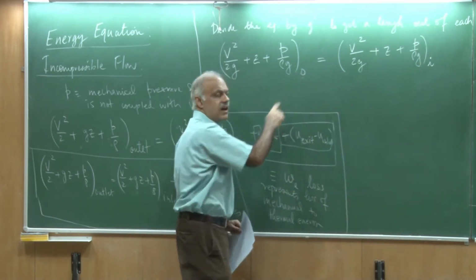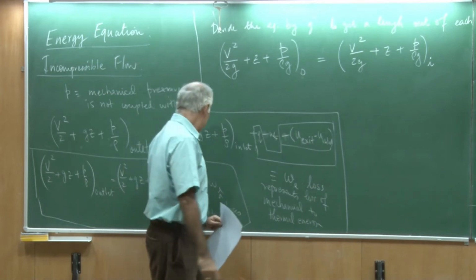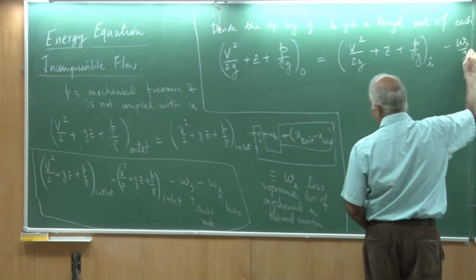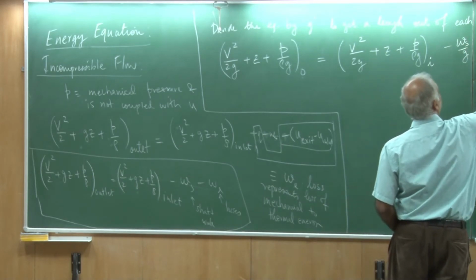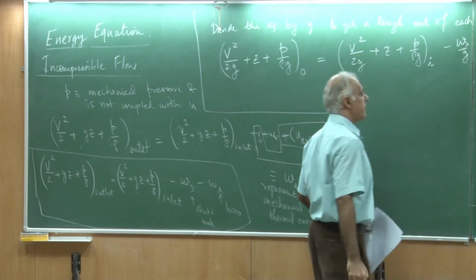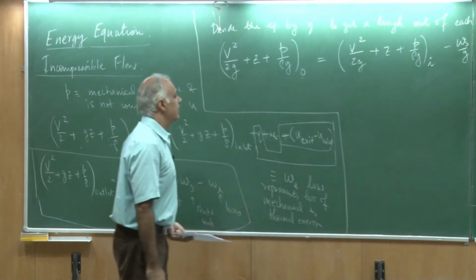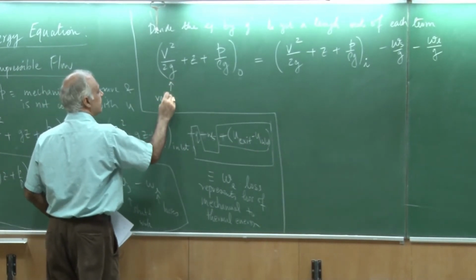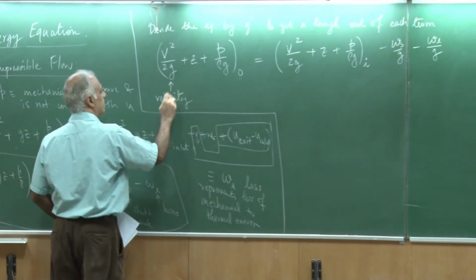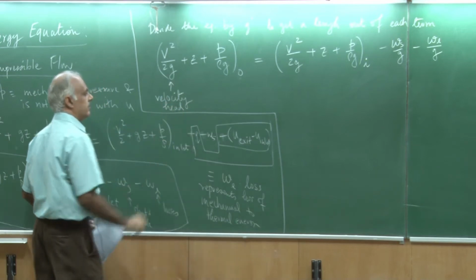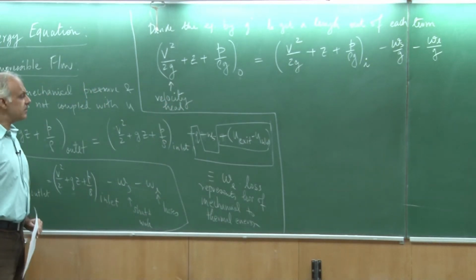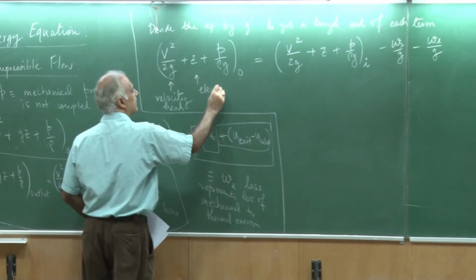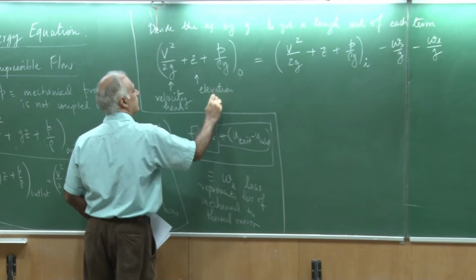So, O represents the outlet and I represents the inlet, minus Ws by g minus Wl by g. This quantity is known as the velocity head. So, each term is referred to as a head. This is the elevation head, for obvious reasons.